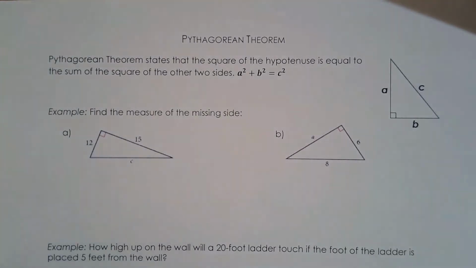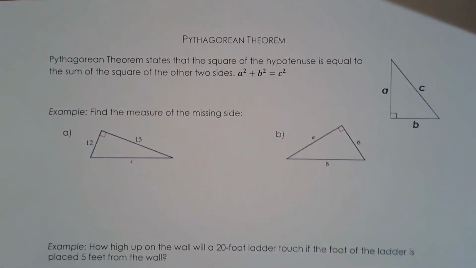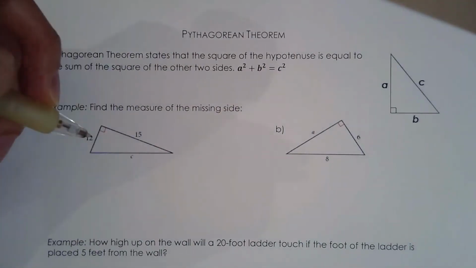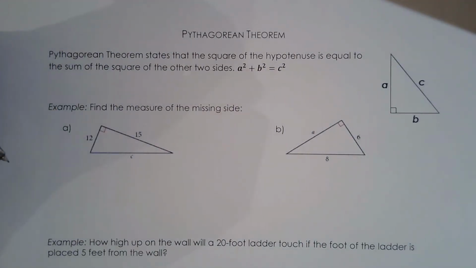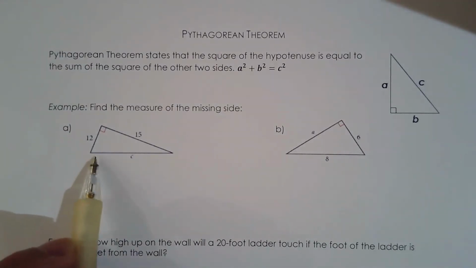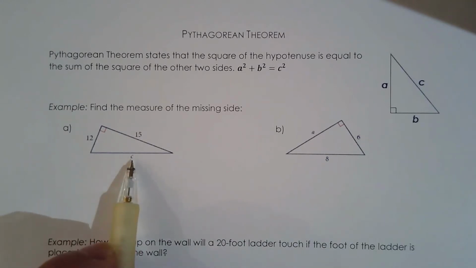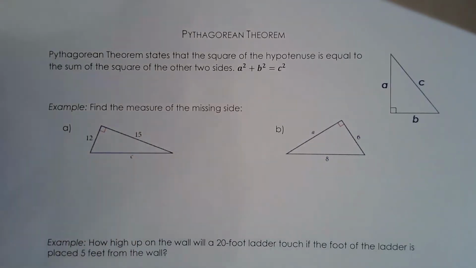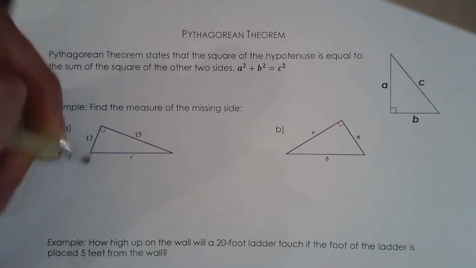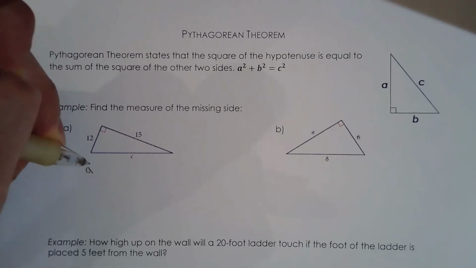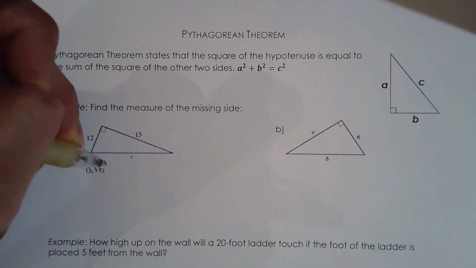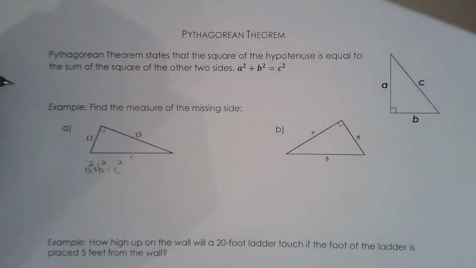Okay, so let's start using the Pythagorean theorem. We have a right triangle here, and it's asking us to solve for the missing side. They're asking us to solve for this side length, which they've labeled as c. So guess what? c is the hypotenuse of the right triangle. So you can write down the formula: a squared plus b squared equals c squared.